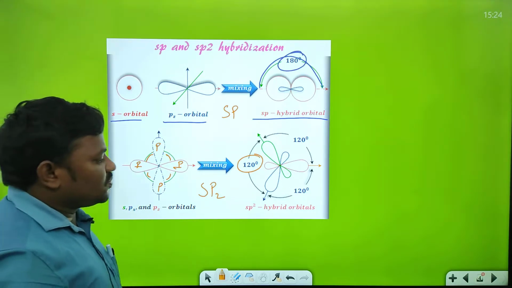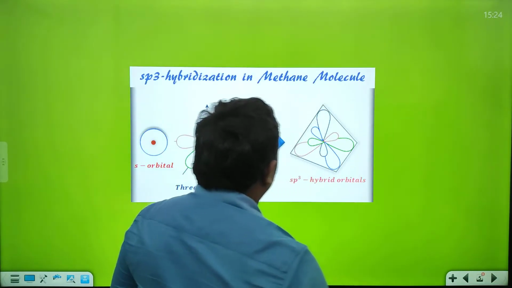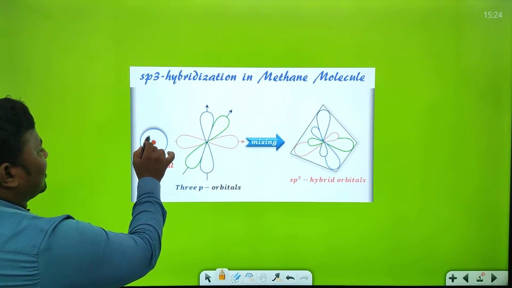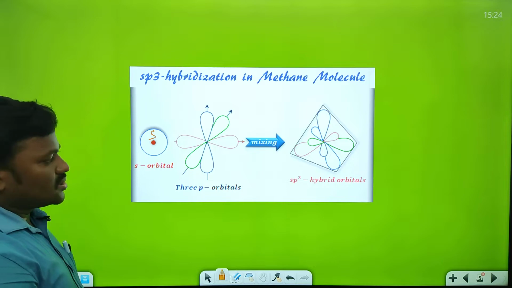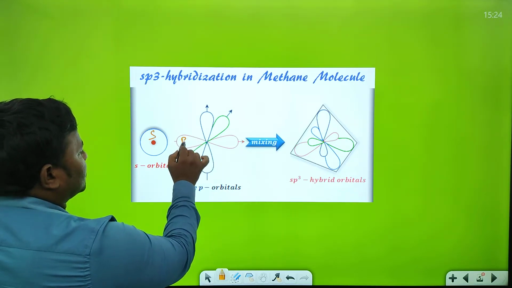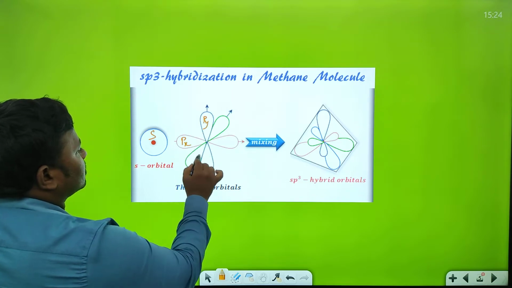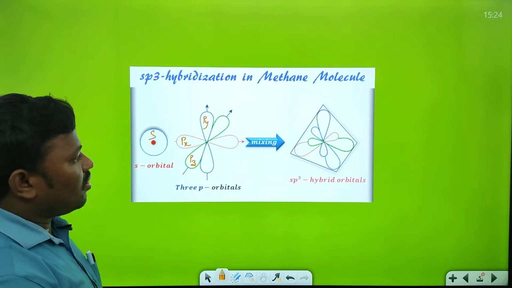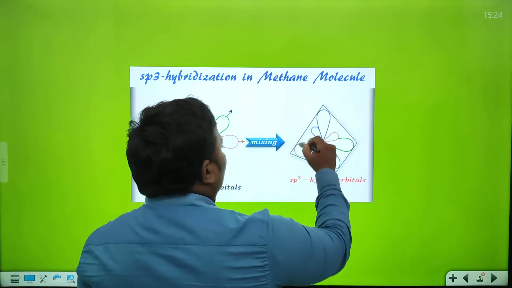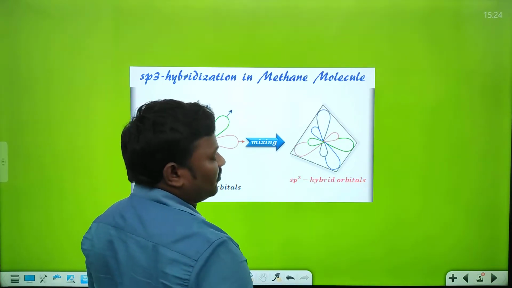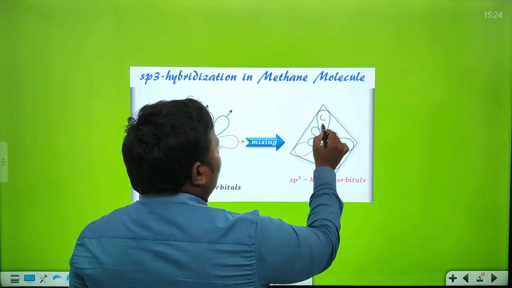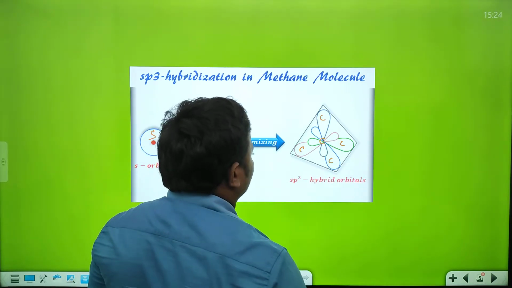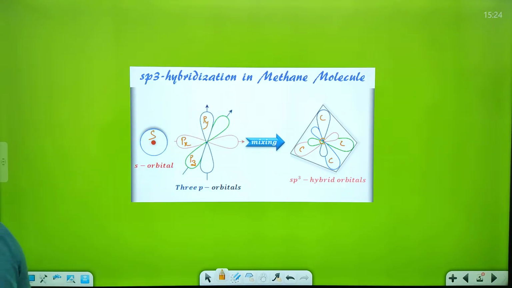And next one, sp3 hybridization. How is sp3 hybridization formed? See here, one s orbital and three p orbitals, Px, Py, Pz, are all intermixing to form four hybrid orbitals, giving four covalent bonds with the central carbon atom.